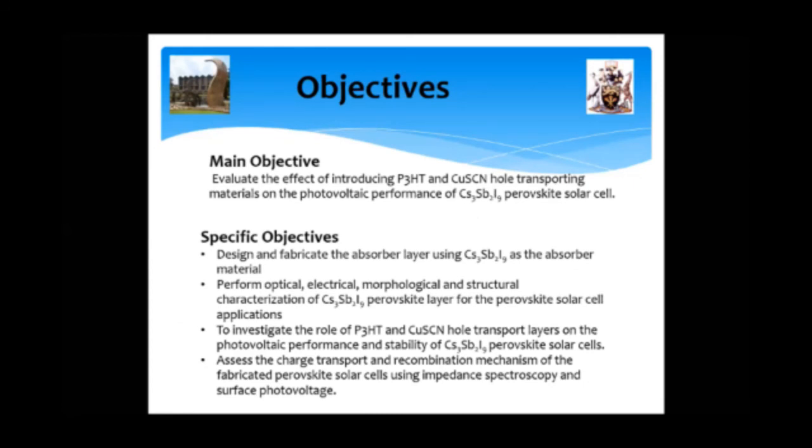Now, the specific objectives of this work are to design and fabricate the absorber layer using cesium antimony iodide as the absorber material, and then perform optical, electrical, morphological, and structural characterization of the active layer, that is the cesium antimony iodide perovskite. The next specific objective will be to investigate the role of P3HT and copper thiocyanate hole transport layers on the photovoltaic performance and stability of the cesium antimony iodide perovskite solar cell.